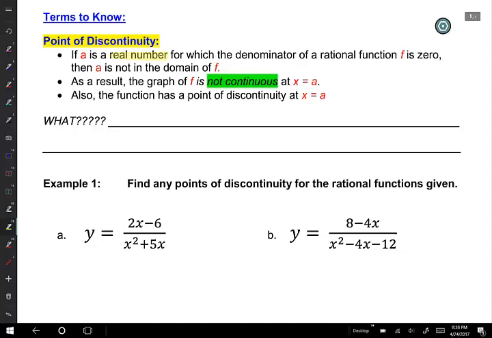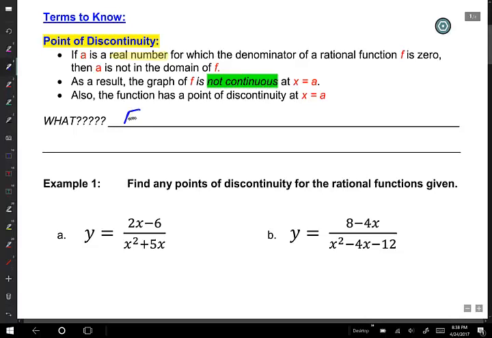Now, if you're pretty normal, you're going to be saying, what are you saying? Well, basically, I want us to find the values that are real numbers that cause the denominator to equal 0.